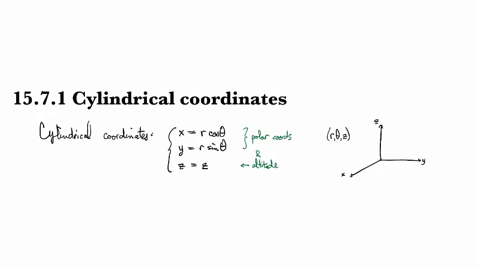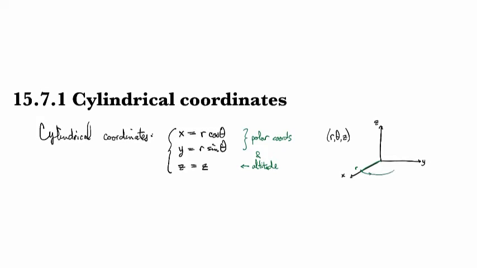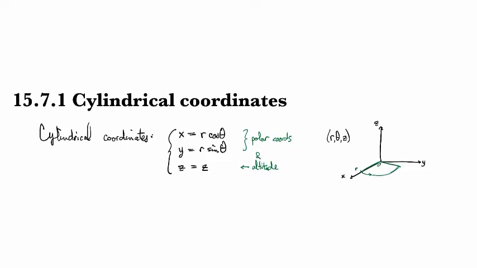You come out by r on the x-axis, so you're out here at r, and then you swing this guy by theta counterclockwise through the xy plane until you get to whatever angle theta is supposed to subtend, and then you go up by z.